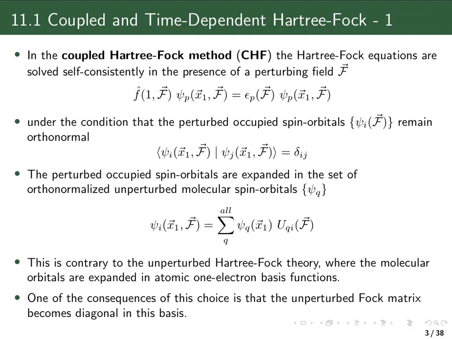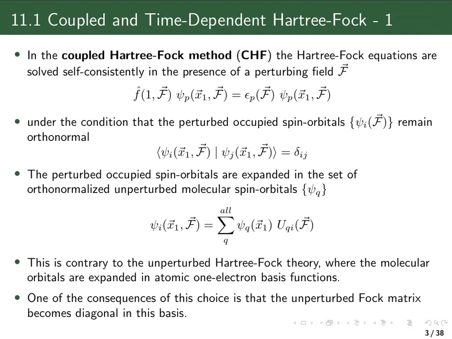Similar to unperturbed Hartree-Fock theory, we will expand also our perturbed spin orbitals in a set, but quite contrary to normal Hartree-Fock theory, this is not going to be the set of our basis functions directly, but we actually will expand our perturbed orbitals in the set of unperturbed orbitals with some expansion coefficients U here, which will be field dependent then, because the unperturbed orbitals are not field dependent, so it's our expansion coefficients which are field dependent.